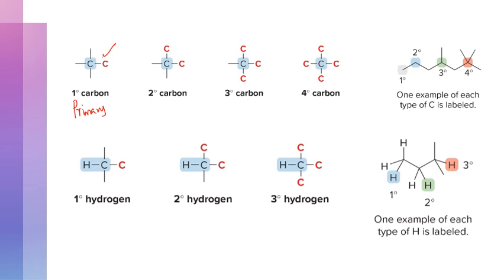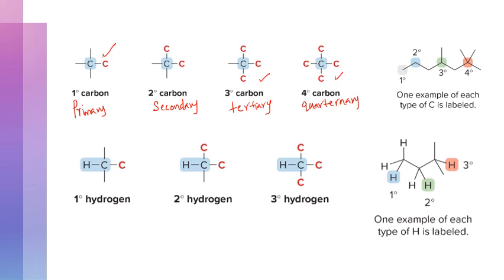If it is attached to two other carbon atoms, we call it a secondary carbon atom. If it is attached to three other carbon atoms, we call it a tertiary carbon atom. And the last one: carbon can have only 4 bonds around it, right? So if the carbon atom is attached to 4 other carbon atoms, we call it a quaternary carbon atom.